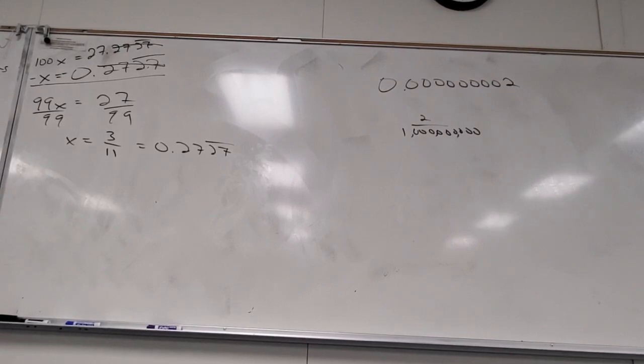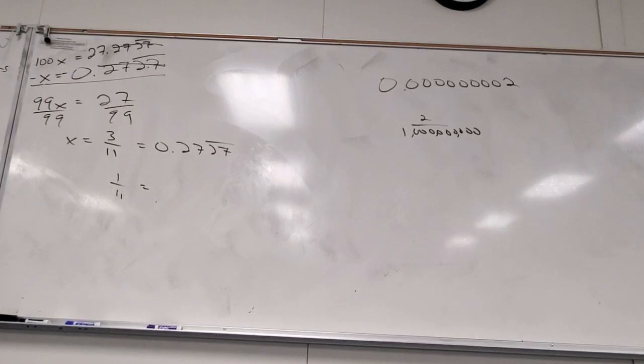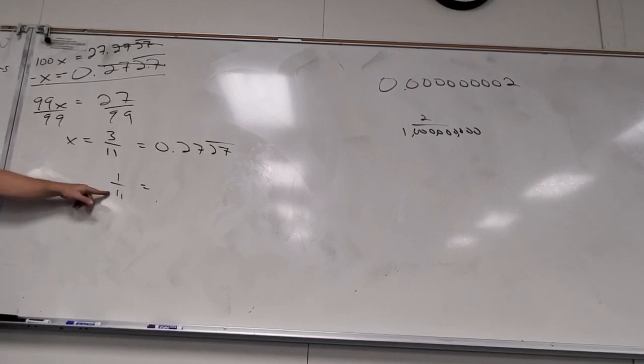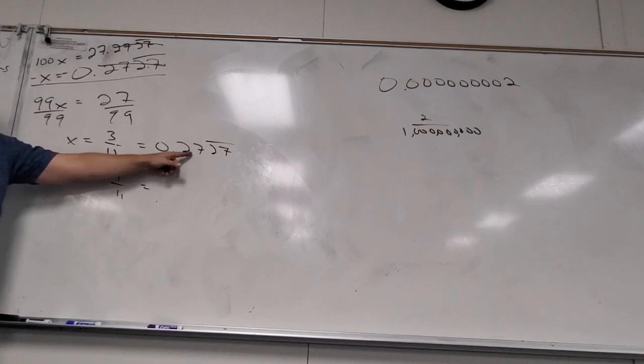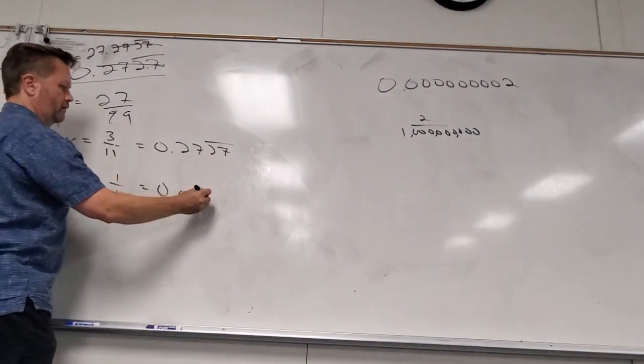All right, let me see if I can push my luck. What's 1/11? What do I do to go from here to here? I divide it by 3. So if I divide by 3, what's 27 divided by 3? 9.